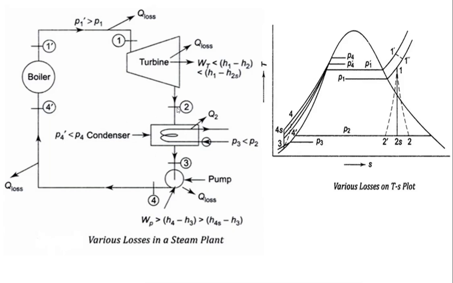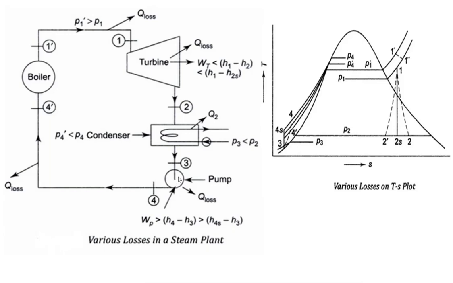This is state point 2, and the condenser is attached near the steam turbine, hence there are fewer losses in sending steam from the turbine to the condenser. Even though there are some losses, they are negligible, very small. But inside the condenser some losses do take place. One is pressure loss. Here P2 is more than P3, so some pressure drop occurs in the condenser.